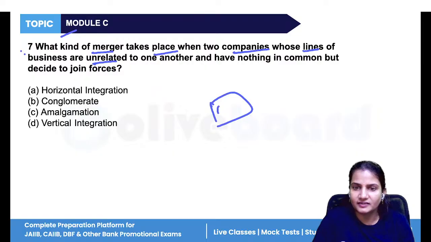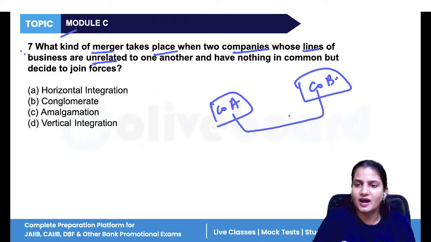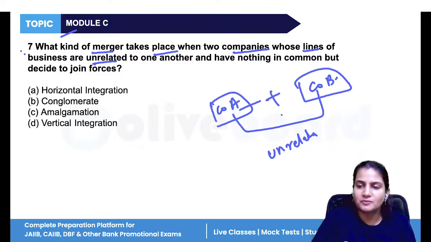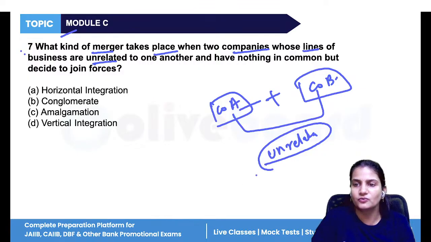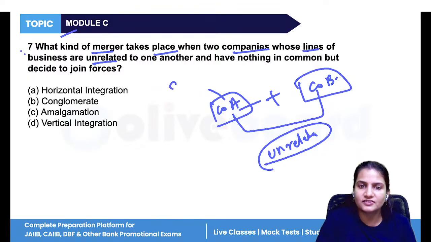Suppose two companies are there, company A and company B. These two companies are merging together and their business is completely different from one to another. Suppose company A is a shoemaking company and company B is a food and beverage company.